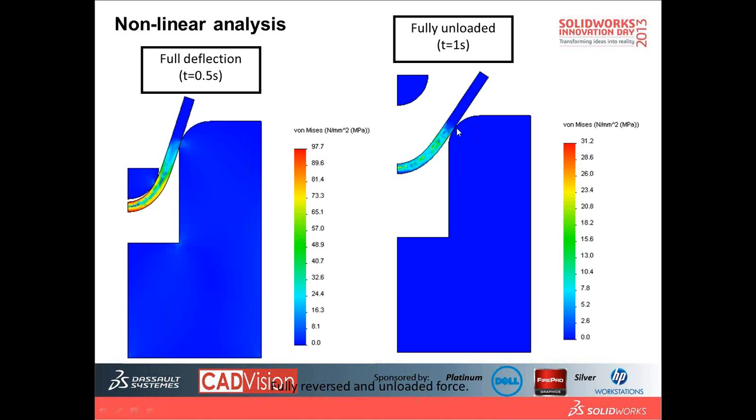We can continue this study further. We can take away the fixture, and then we can see what the final displacement is, or in other words, what the final bending ratio is under these operating settings. So this is what we can understand, that is changing of stiffness and changing of loading.